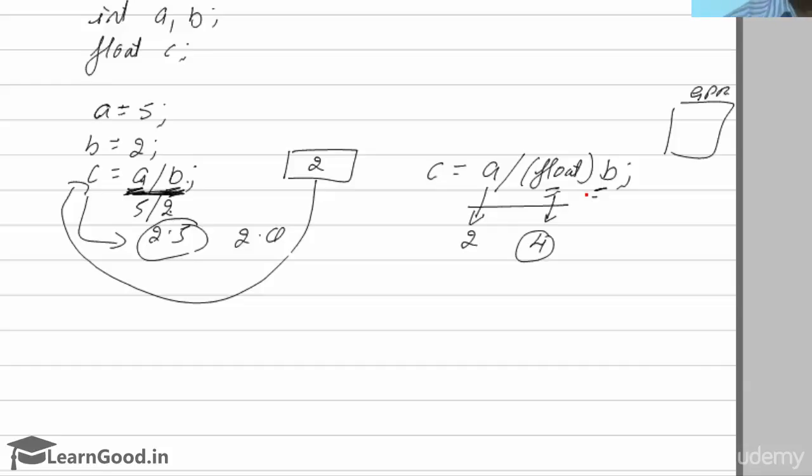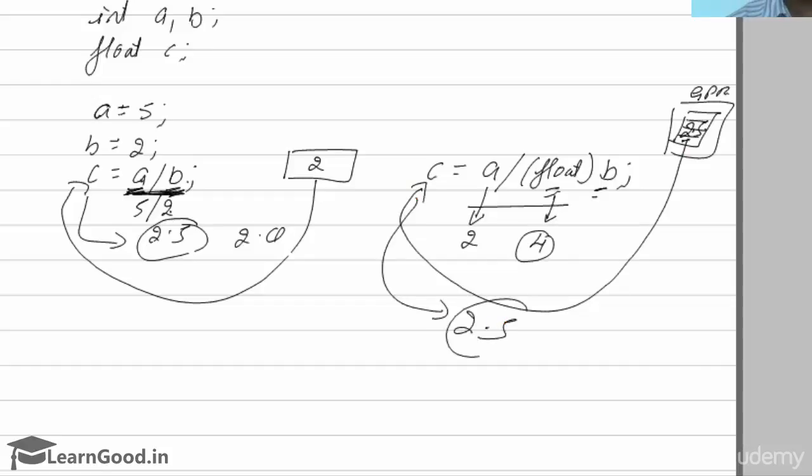So now a divided by b, 5 divided by 2, is 2.5. The 2.5 can be stored in these 4 bytes. And from this GPR, when it gets transferred to c, the value will be as it is, that is 2.5.